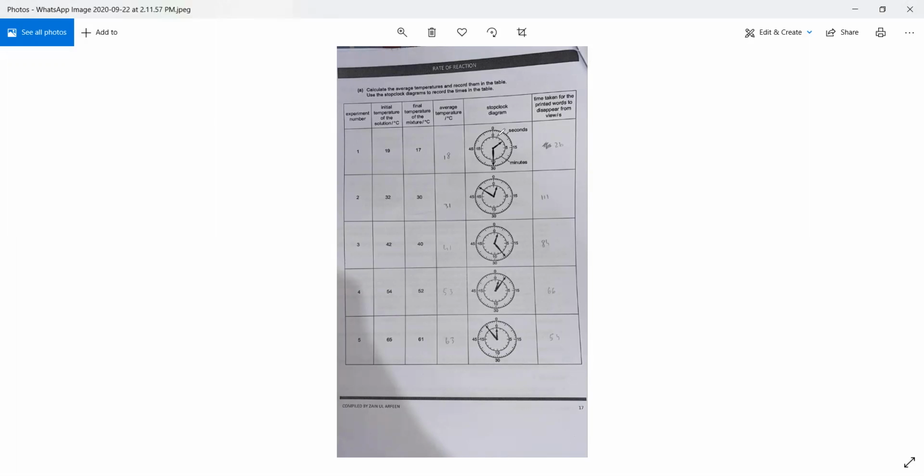This is a minute, so 1, 2, and 3 minutes. This is 3.5 minutes, so this is not correct. So 180 plus 30, so 210.